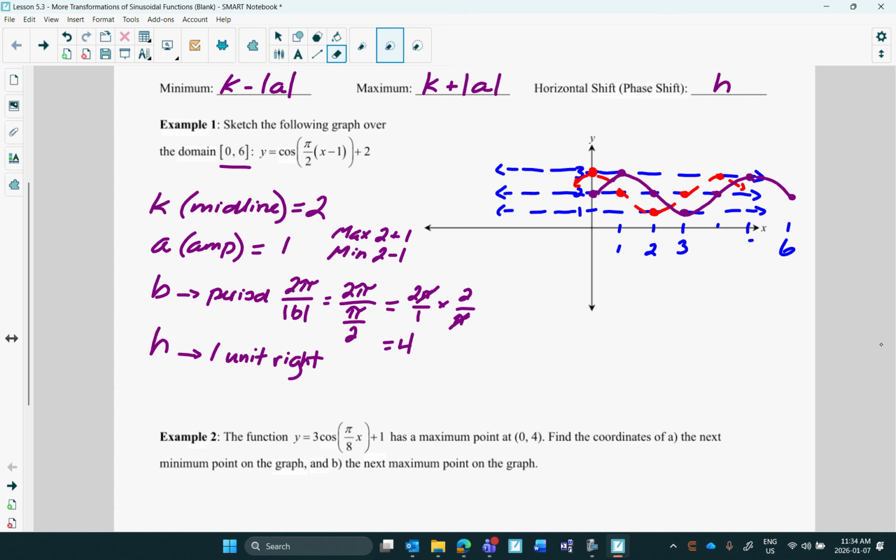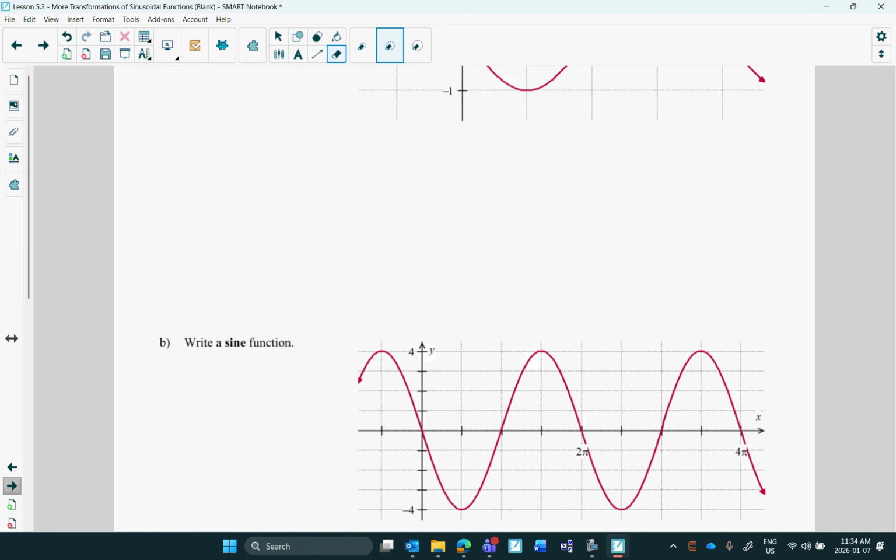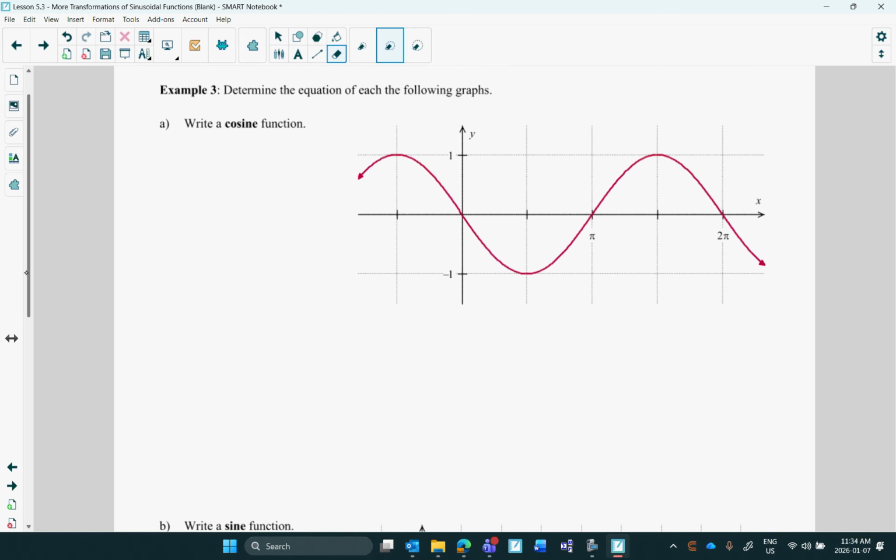Now let's go backwards. And I'm not going to do example 2. We don't have to worry about example 2. In fact, I'm going to skip a few examples in this one. I'm only going to focus on what's important.